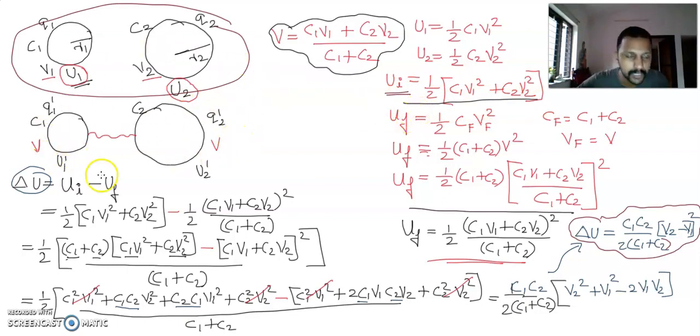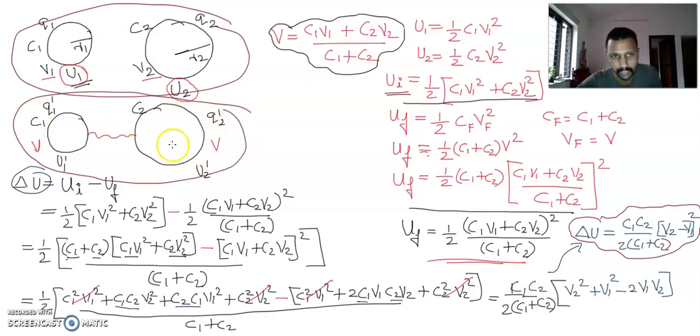Then after combination, they are reaching a common potential. Therefore, what's the final energy of this capacitor system after combination? Final energy will be half into final capacitance into final potential square. What's final capacitance? Final capacitance is the sum of the two capacitances, that is C1 plus C2. And what's final potential?